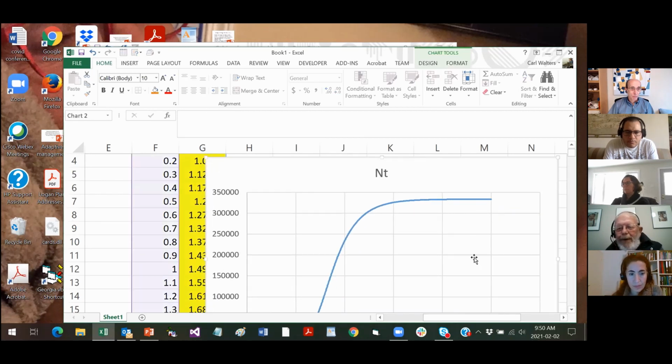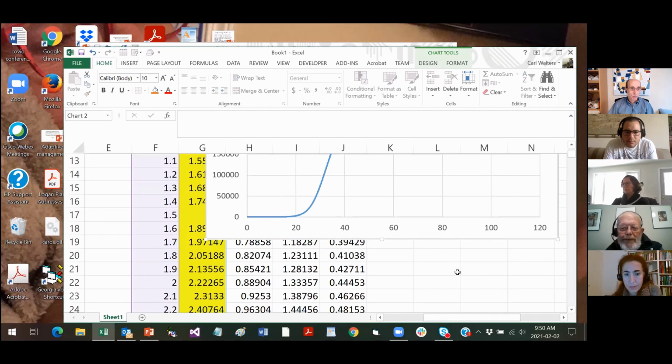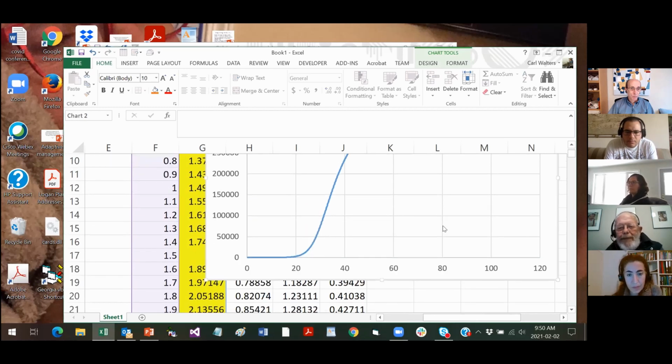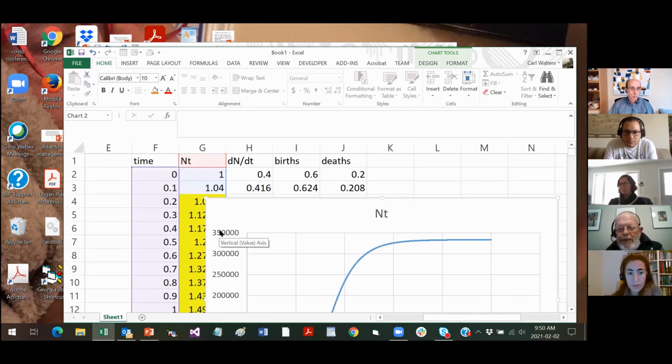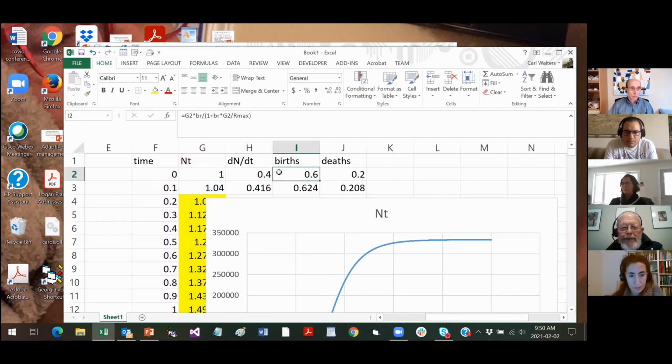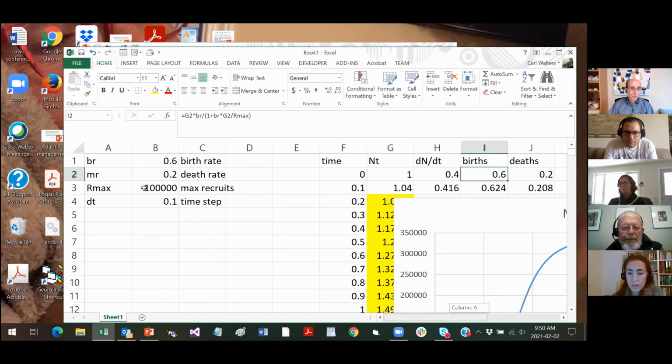Now we got it. And look at that. What I get now is a beautiful logistic population growth model, but it gets up to an absolutely enormous population size because I'm still using the Beverton-Holt model to limit recruitment, but I've set the limiting recruitment to be just a huge population number, 100,000 recruits per year.